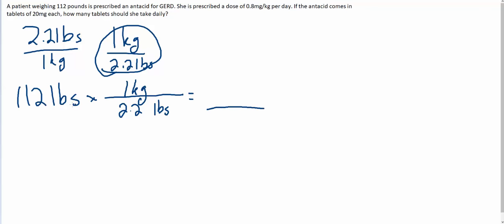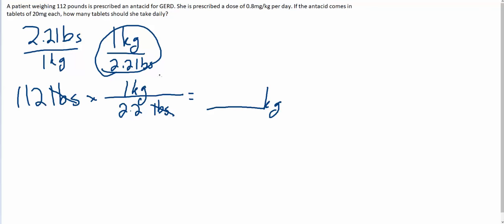We'll write 1 kilogram over 2.2 pounds. And what's going to happen here is we're going to multiply across the top, 112 times 1, which is just 112, and then divide by what's on the bottom, 2.2 pounds. If you remember from algebra, when you have something on the top and something on the bottom, and they're the same unit, those cancel, and you're left with the unit remaining on top, which is kilograms, and that's what we want.